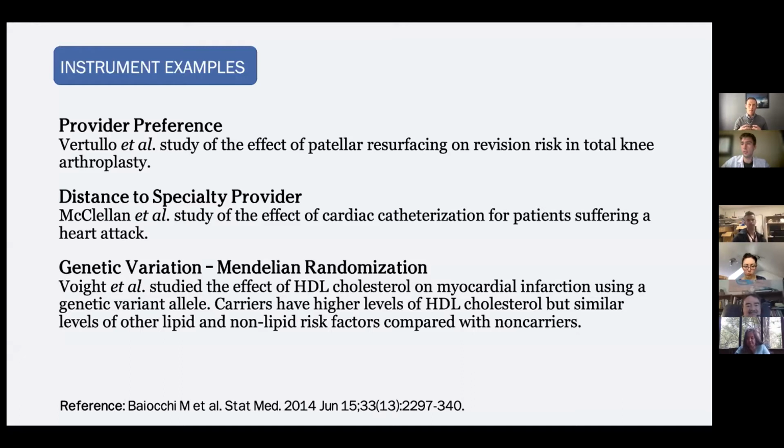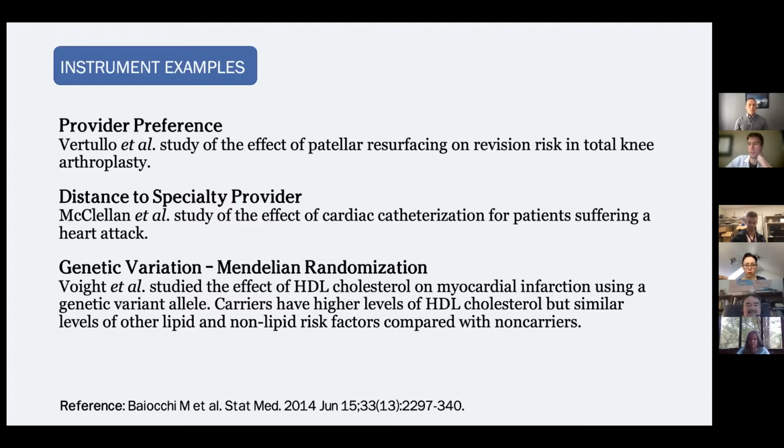Sometimes they can use the patient's home address proximity to a specialty care provider. If you have differences in services offered between different hospitals, patients are more likely to go to hospitals nearby them. That one can be a bit trickier because where you live is often strongly correlated with a bunch of socioeconomic things that may bias those estimates. And so that tends to be less common.